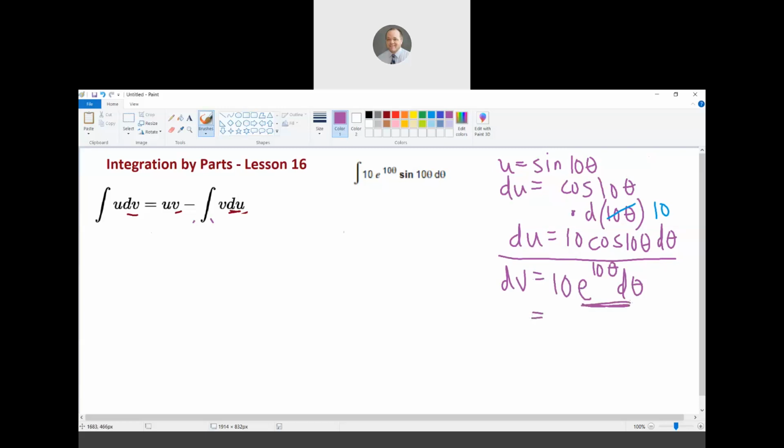Using what we learned from the last problem, e to the 10 theta d theta, its integral, actually, I can leave that 10 out for right now. Integral of e to the 10 theta d theta is 1 over 10 e to the 10 theta. So that is our v.